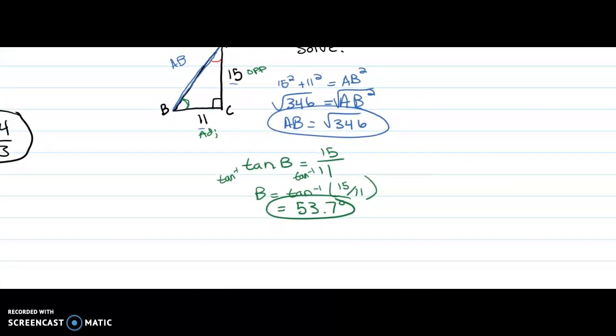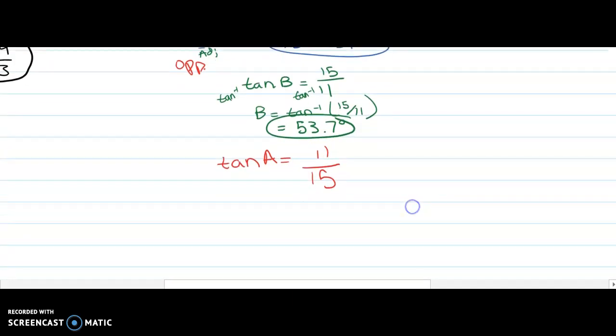Okay, second one, angle A. So I notice now that tangent of A is equal to 11 over 15. The inverse.